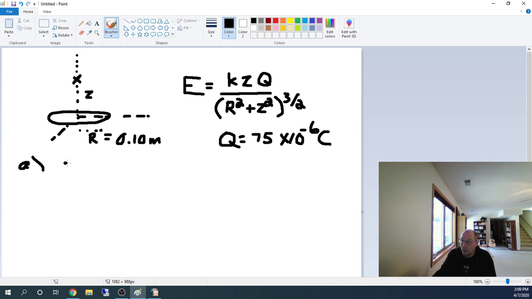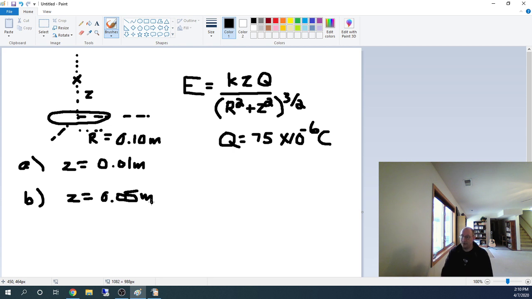So A says, what's the electric field at that spot when the distance we're talking about is 1 centimeter? And then B is what would it be if Z was 5 centimeters, 0.05 meters, and so on and so forth.